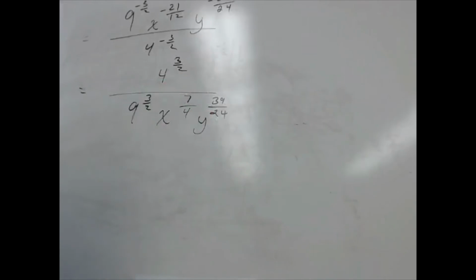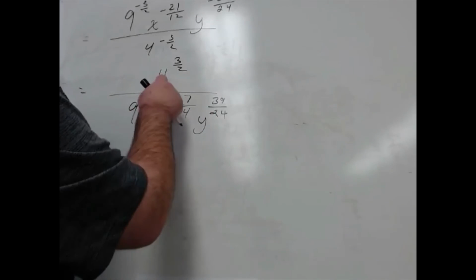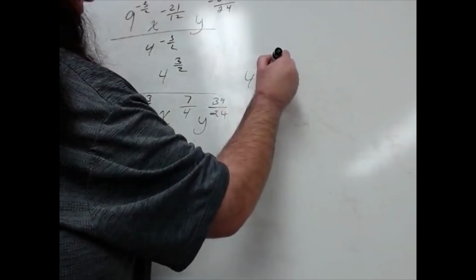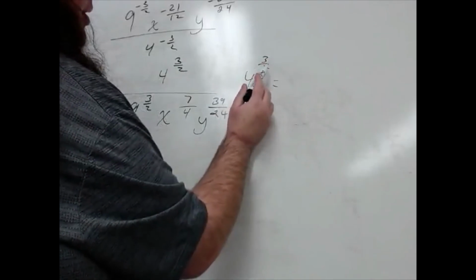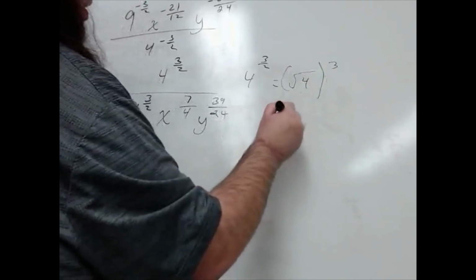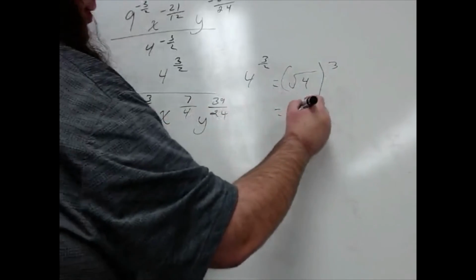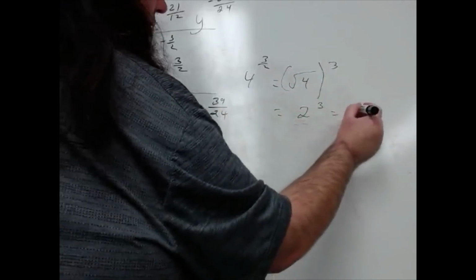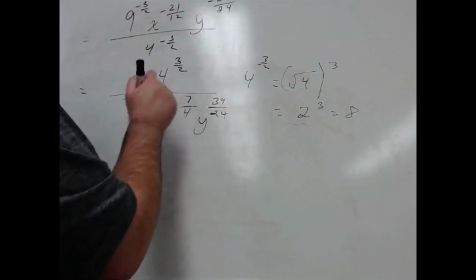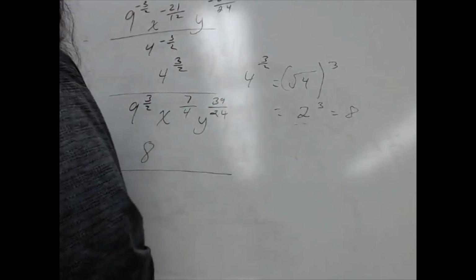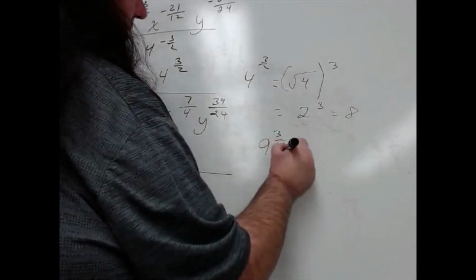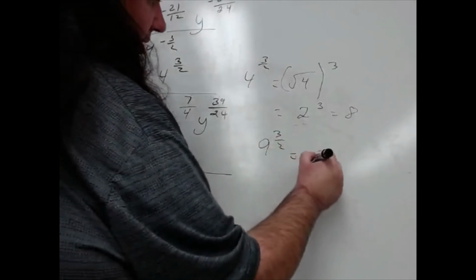These terms here are just fractional exponents, which are just radicals, right? So 4 to the 3 over 2 is just, denominator is 2, that means it's a square root of 4, exponent 3. Square root of 4 is 2, so this becomes 2 cubed, which is just 8. So my denominator, this term here, just becomes 8. This term here, 9 to the 3 over 2, well, denominator's 2 again, so this is a square root of 9 cubed.